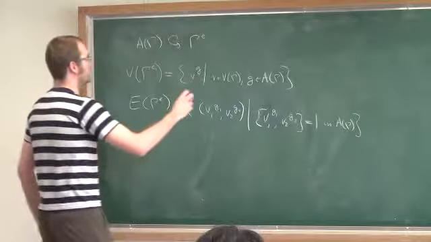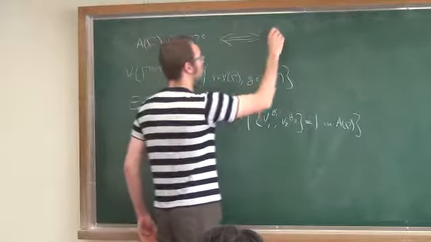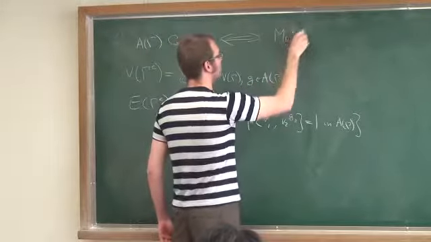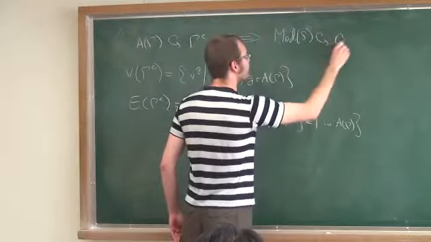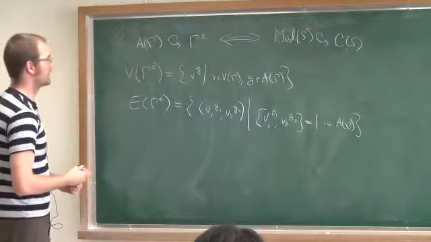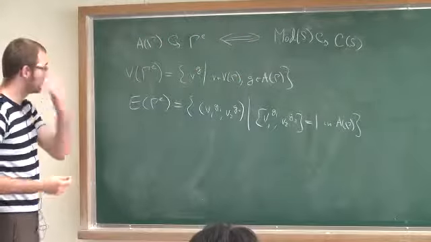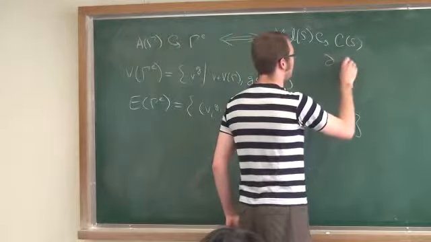So recall that we're trying to build an analogy with the mapping class group action on the curve graph. And one thing that I'd like to talk about that I didn't get to last time is the boundary action.